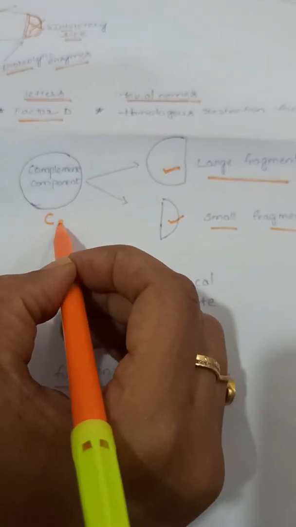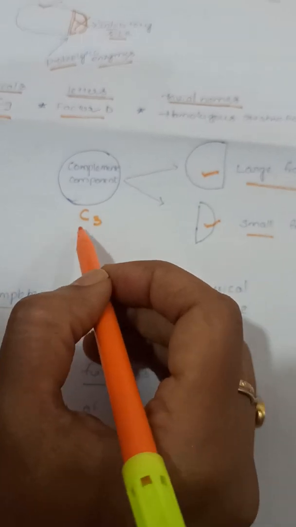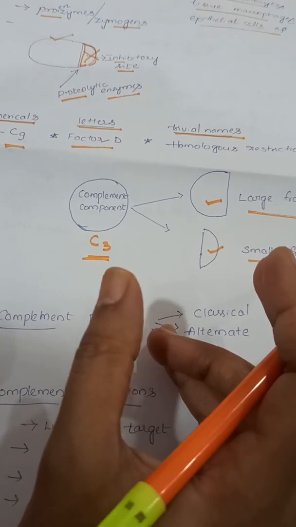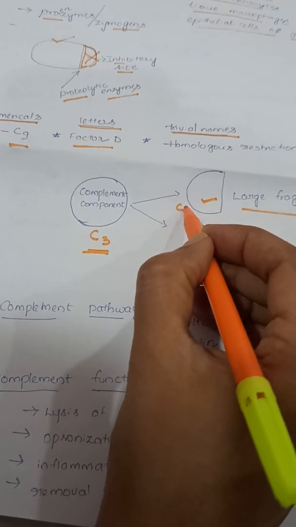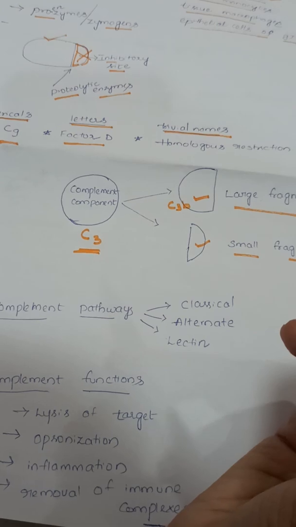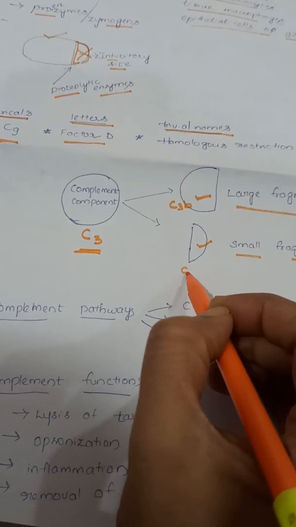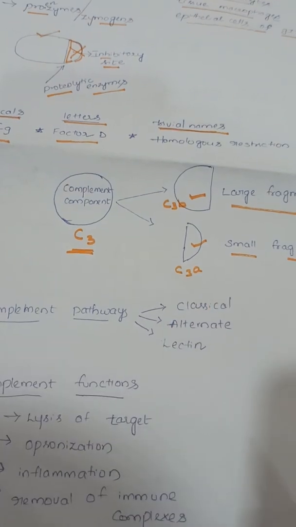Let us take the example of one complement component, say C3. C3 can undergo cleavage into a larger fragment, designated as C3b. Similarly, the smaller fragment is named C3a.